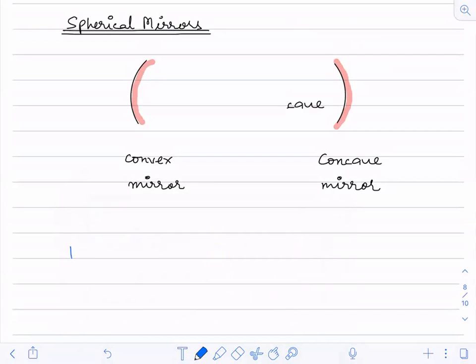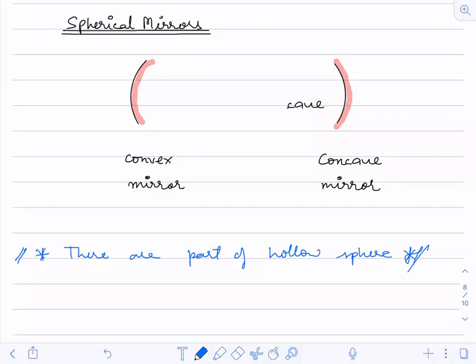You have to remember this line which I am going to write: these are part of hollow spherical mirrors. Hollow sphere.